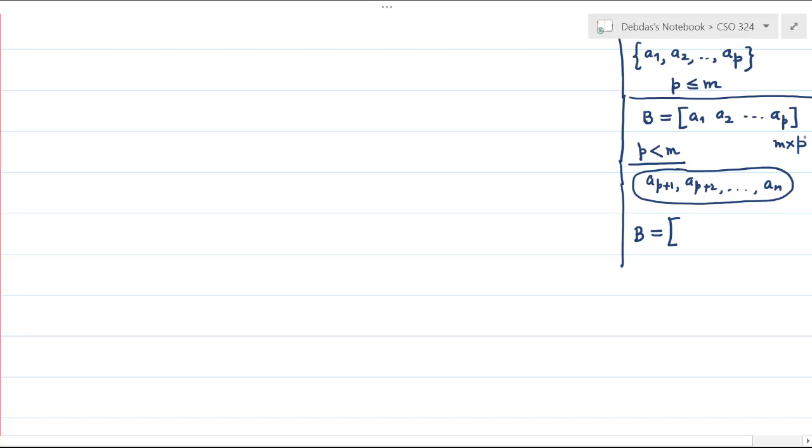If linearly independent, then you check whether the order of capital B is m by m or not. If not m by m, then you insert one more vector out of these n minus p vectors inside the set. So in this way, you keep on taking vectors from these n minus p many vectors, and when you take one, you have to confirm at first whether AP+1 is linearly independent with A1, A2, ..., AP or not. If not linearly independent, then you don't insert it. Go for the next element.